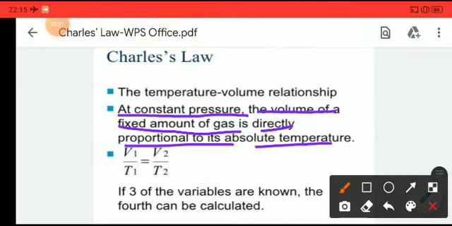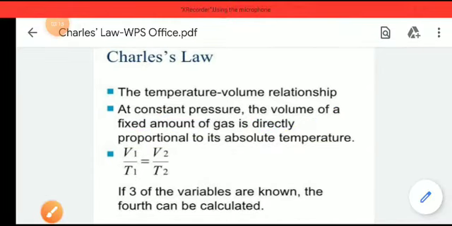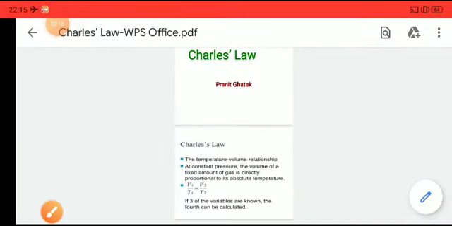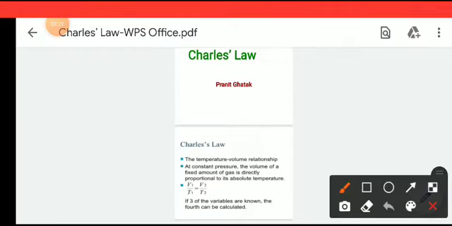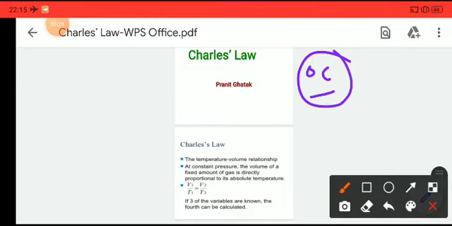The term absolute temperature is new to us. What is meant by absolute temperature? Generally we use two temperature units, degree Celsius and Kelvin.